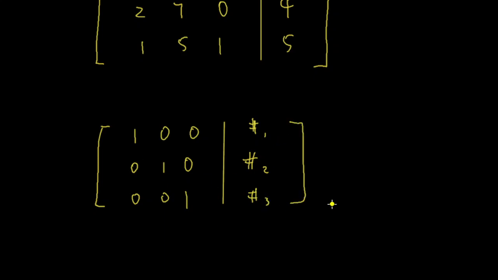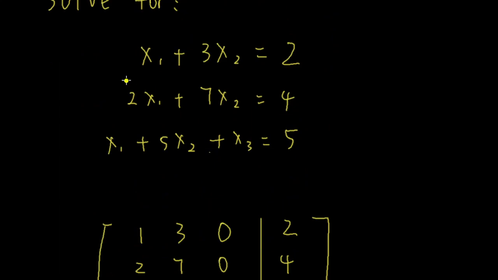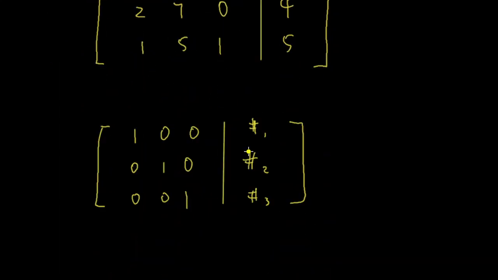We're trying to get to this point. What does that mean? This is x1, so x1 equals a number, x2 equals a number, x3 equals a number. Then we basically solve this system of equations, because we got the value for x1, x2, and x3.